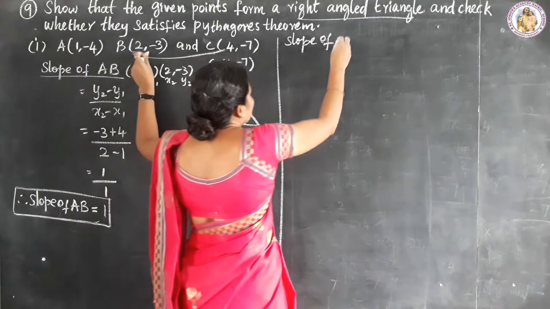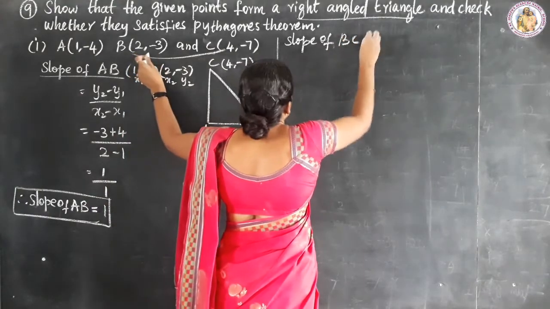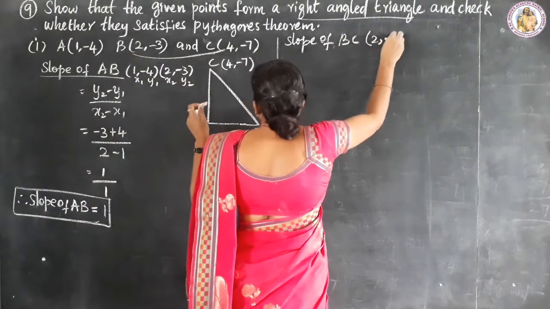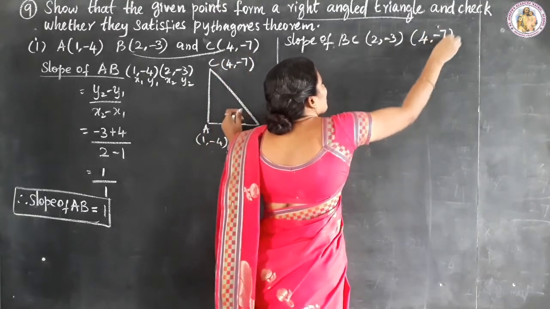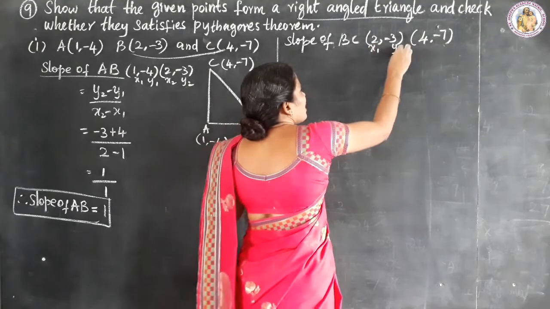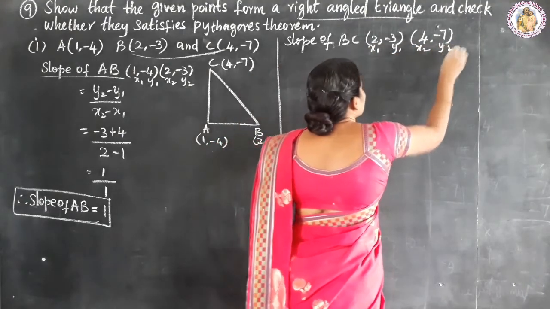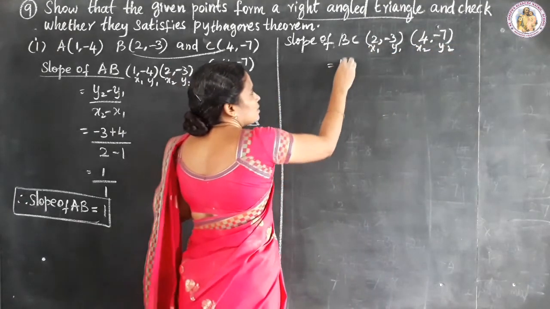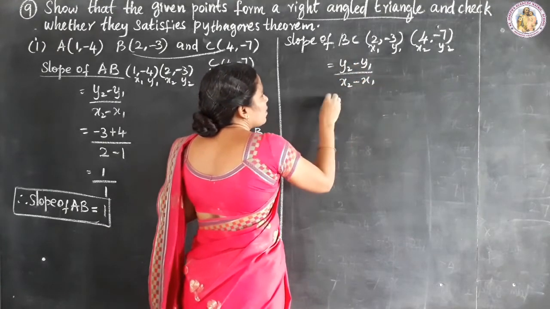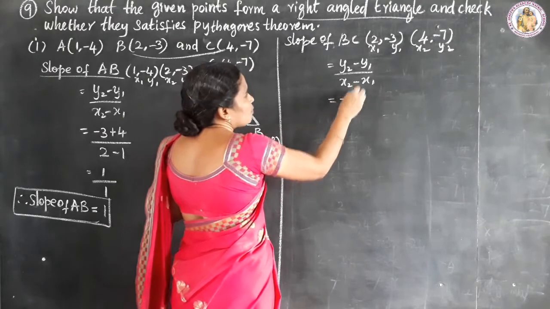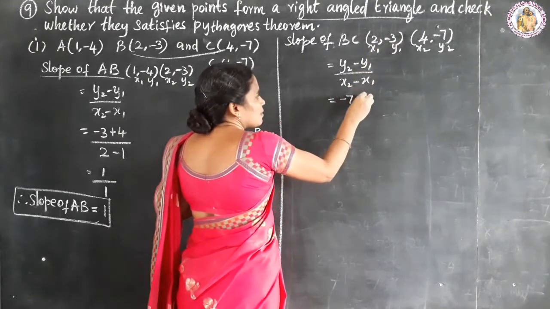Okay. So (2, -3) and (4, -7). x1 y1 x2 y2. So y2 minus y1 divided by x2 minus x1. y2 is -7 and y1 is -3.